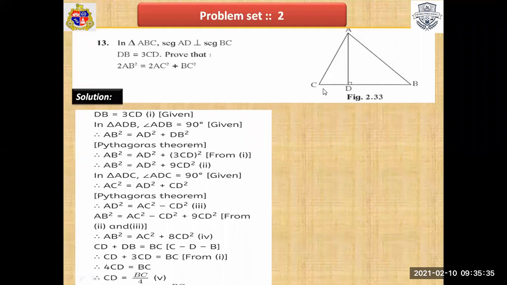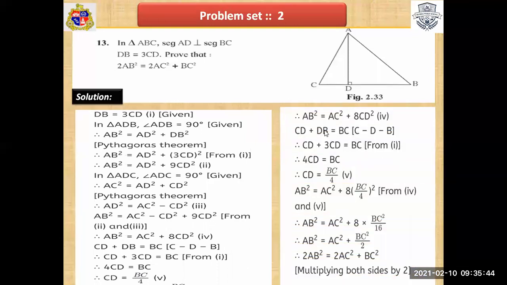So directly from the given condition, BC is equal to 4 CD, and CD is equal to BC by 4. From equation 4, we have AB square is equal to AC square plus 8 CD square, and CD plus DB is equal to BC. Then we get CD is equal to BC by 4.